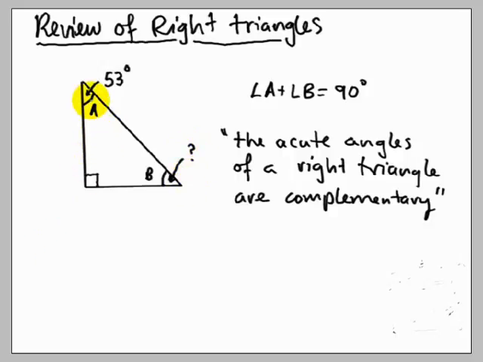Now, the way we find that, it's easy, because we know that this is 90 and this is 53, so we can find this angle. And this is kind of the long way to do it, okay? The long way to do it, it would be 180, subtract 90, subtract 53, okay? And then you just work that out.